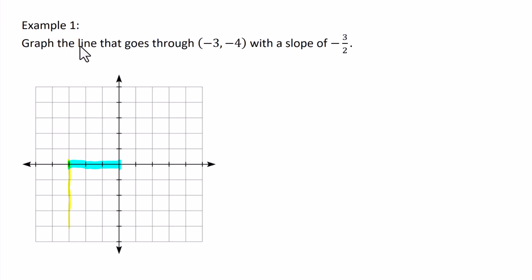Now remember, this is because the x and the y values are given, and x is your horizontal movement and your y is your vertical movement. So the coordinate point that the line goes through is right here in the third quadrant.